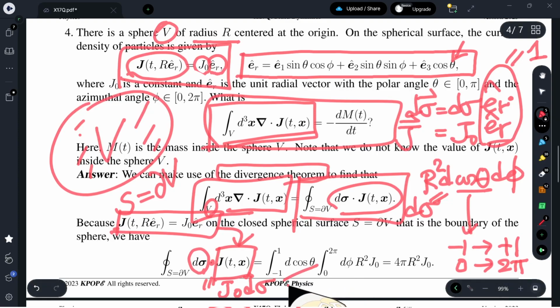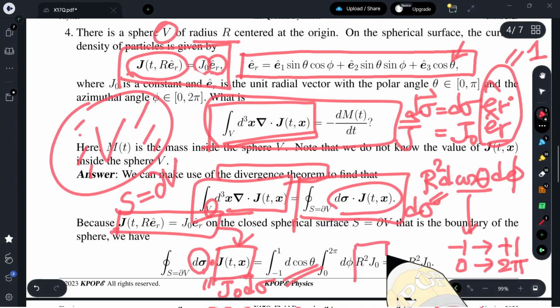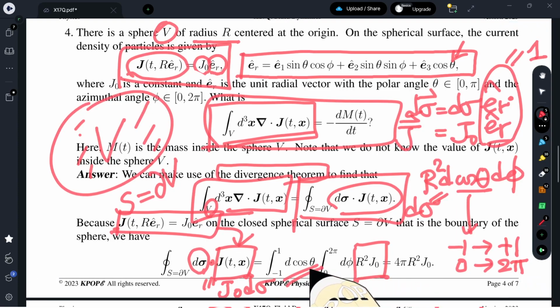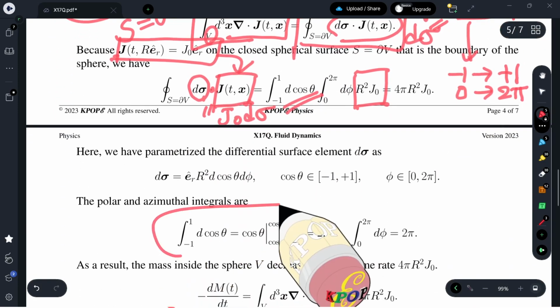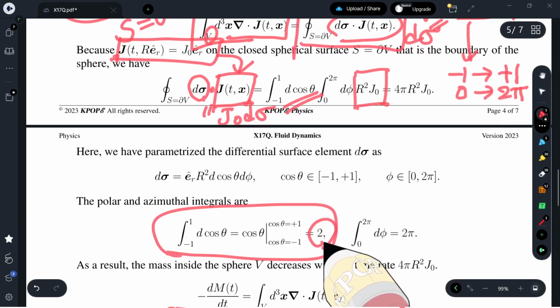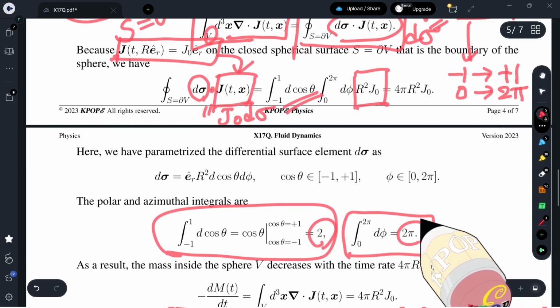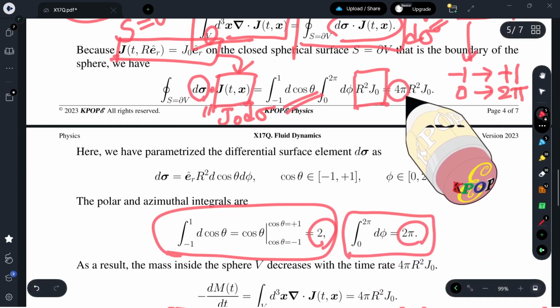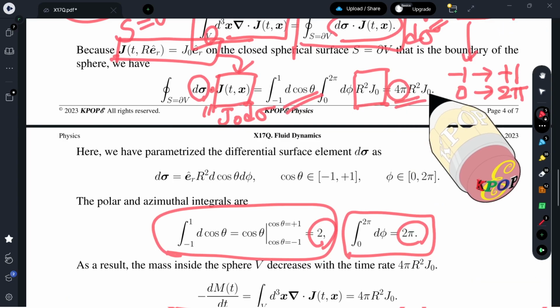We can carry out the integral over cosine theta and the integral over phi, and this part is independent of cosine theta and phi. The cosine theta integral is 2, and the d phi integral is 2 pi, and the product is 4 pi. So 4 pi r squared is the area of the spherical surface.